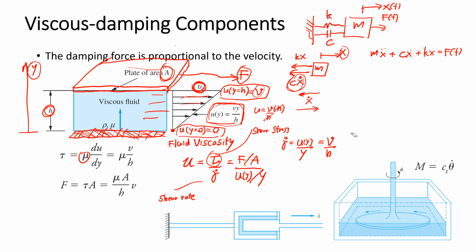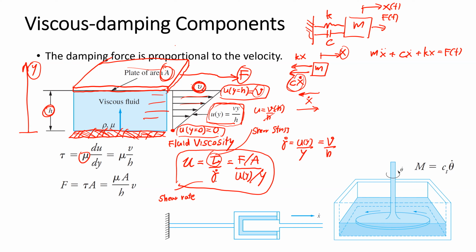So from the definition of the viscosity, it is the stress divided by the shear rate. Can we rearrange the equation here?